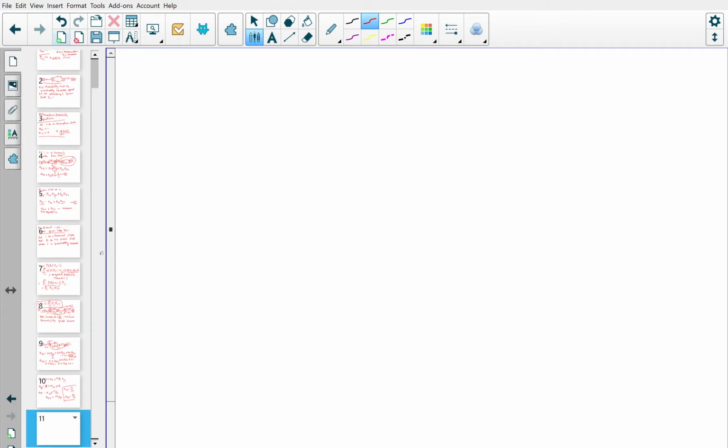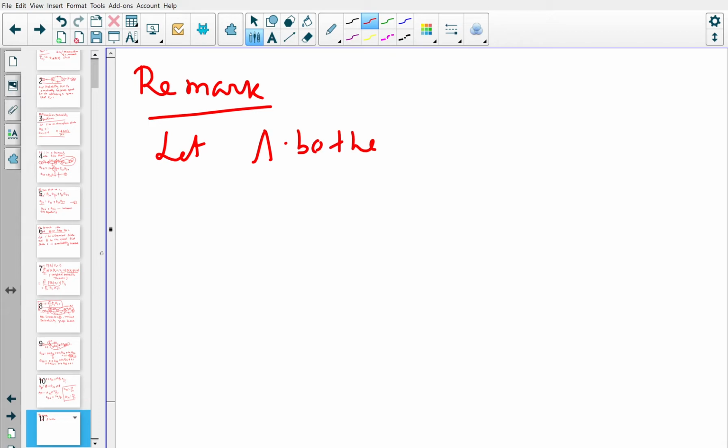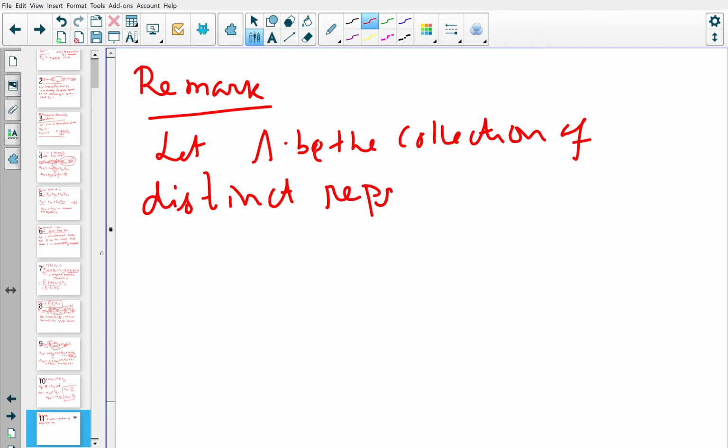So with that discussion, what do you understand? Remark. Suppose lambda be the collection of distinct representation of recurrent classes.